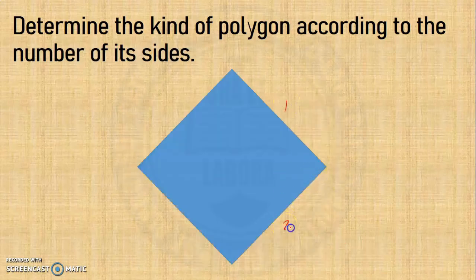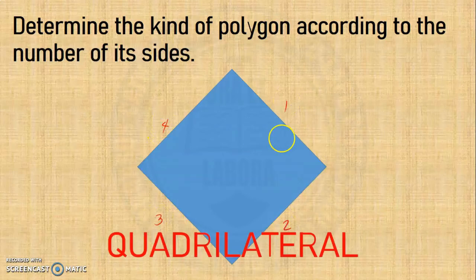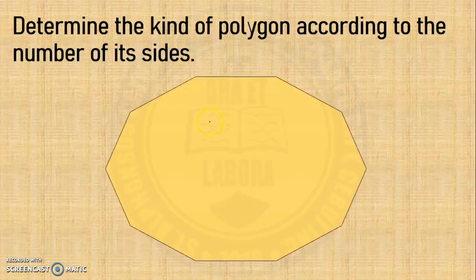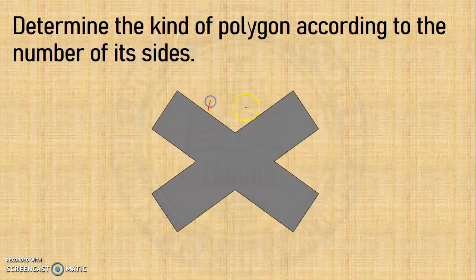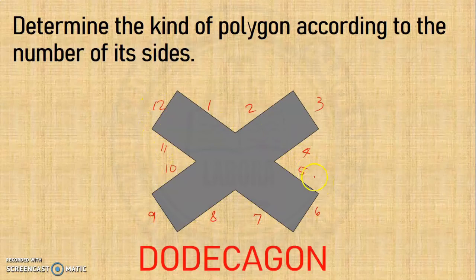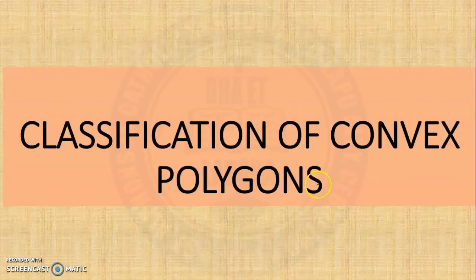This one. 1, 2, 3, 4. Quadrilateral. 1, 2, 3, 4, 5, 6, 7, 8, 9, 10. Decagon. 1, 2, 3, 4, 5, 6, 7, 8, 9, 10, 11, 12. Dodecagon. So those are the classifications according to the number of sides.